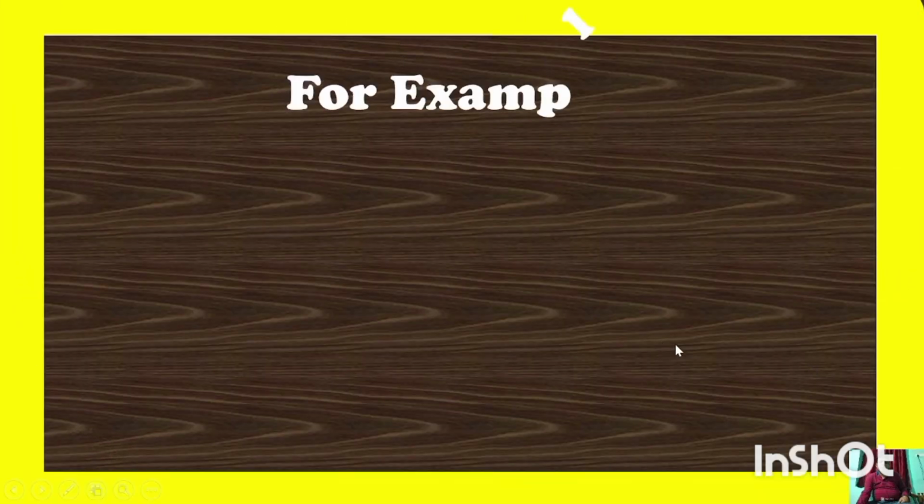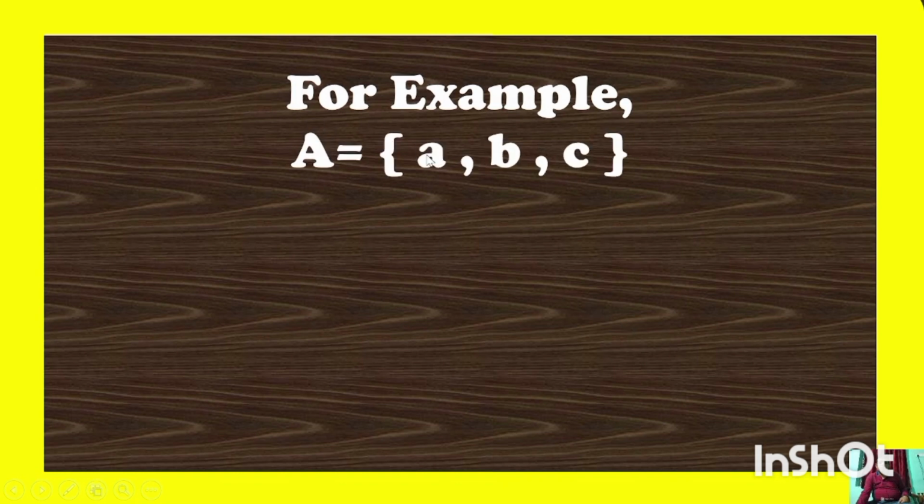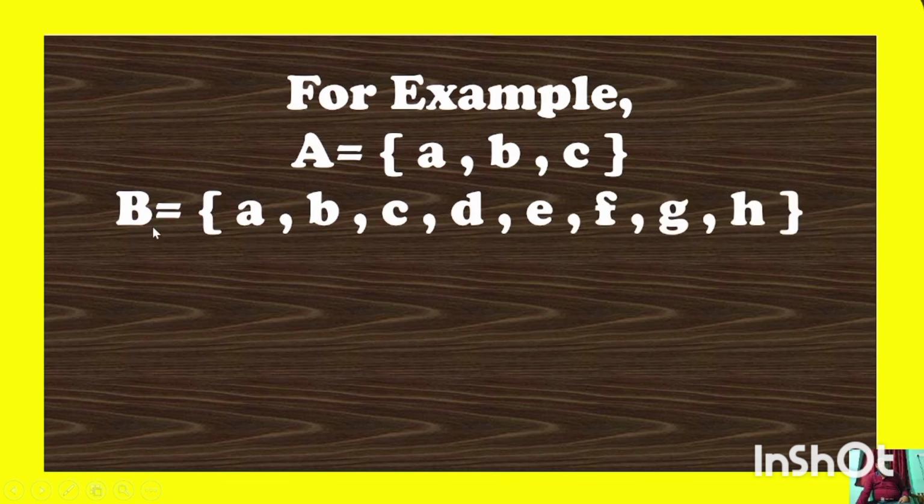This is another property. For example, suppose A is a set containing the elements A, B, C, and B is a set, not an element, whose elements are here. Clearly you see A is a subset of B. Yes or no?